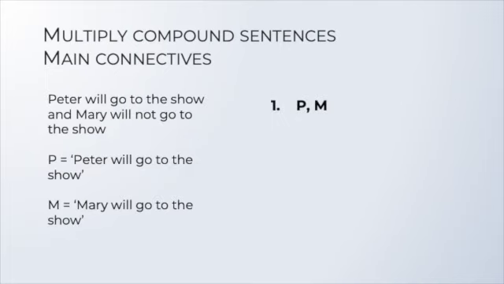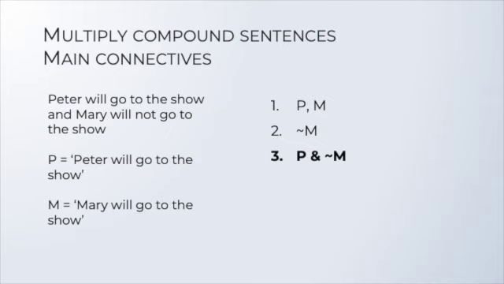The first step was to take stock of the atomic sentences we are given, which in this case are P and M. Then I represented the right side part, "Mary will not go to the show," which I simply did by placing a tilde next to M. The third step was to conjoin P and tilde M to form "Peter will go to the show and Mary will not go to the show," like this.